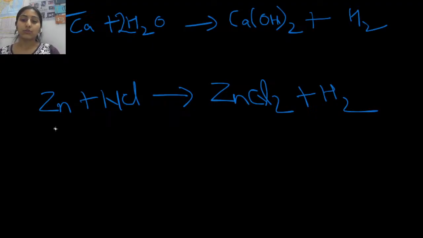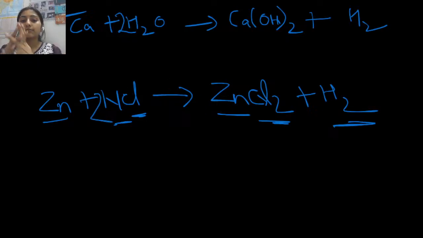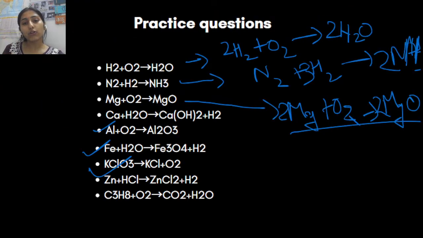Okay, so Zn: one atom on both sides. Cl: two atoms on this side, whereas one atom on this side. H2: two atoms, one atom. So we'll balance it by multiplying by two. Okay, so that's balanced now.